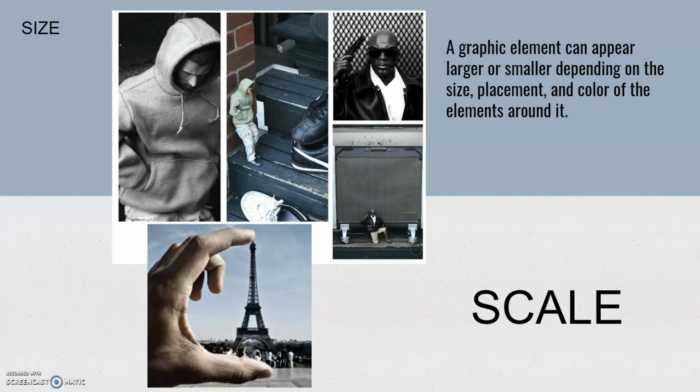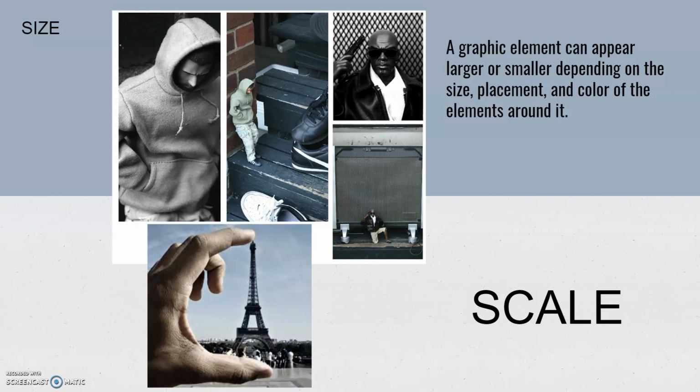The fourth is size and shape, or size and scale. A graphic element can appear larger or smaller depending on the size, placement, and color of the elements around it. These are 2 examples that I found where you have the up-close image of the objects, which would be the gentleman in the hoodie and then the gentleman with the gun.